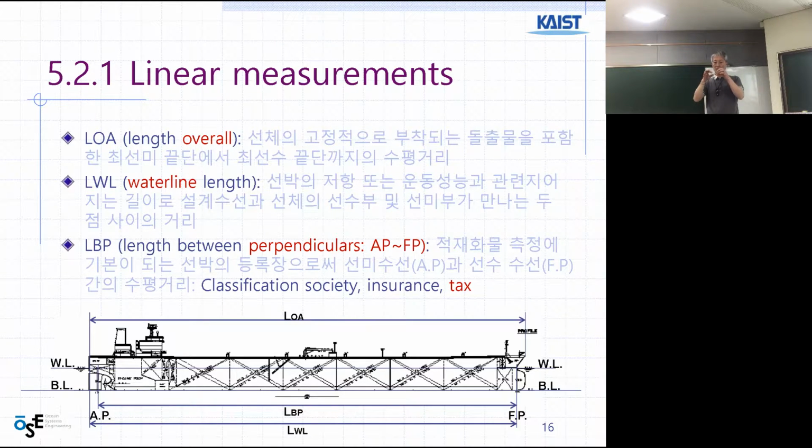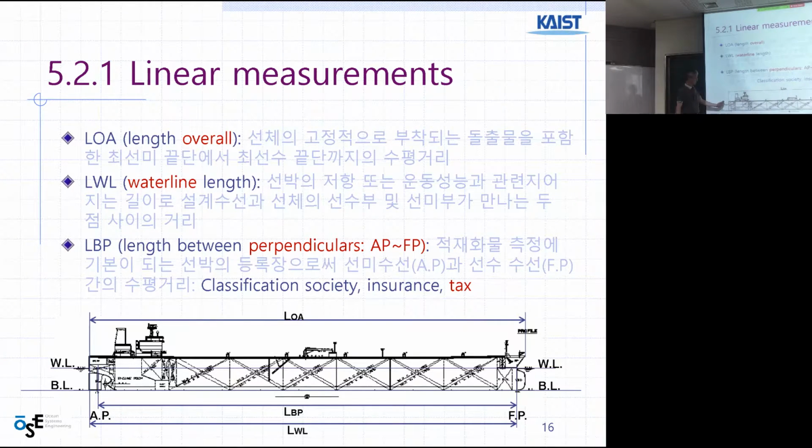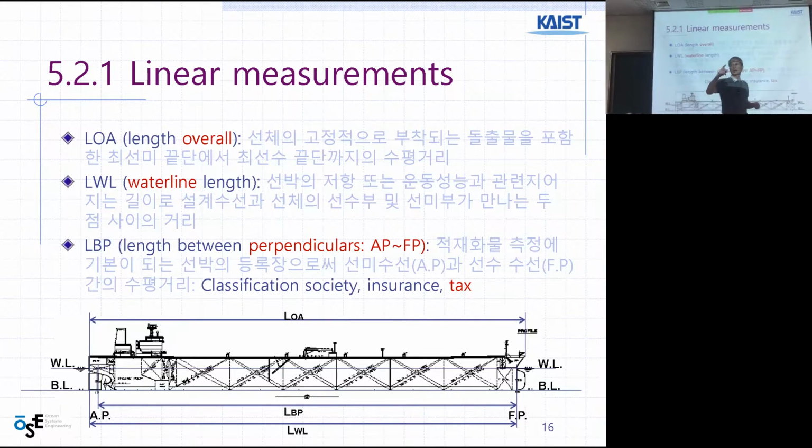How many big ribs and small ribs are constructed per ship is decided by designers for structural reasons, right? Strength. So that's why this is important. Also, each compartment or hold is divided based on these frames. How many ribs? Right?